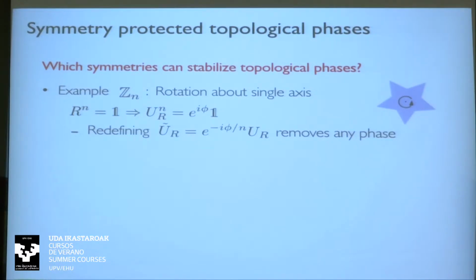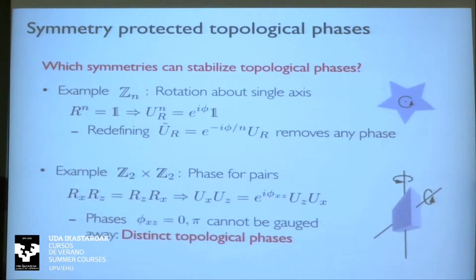So if we have a simple Zn group, there is only one class of symmetries. If we apply this finding to physical systems, then for a simple spin system with only a Zn symmetry, we cannot have any symmetry-protected topological phases. There's only one trivial, symmetric phase.